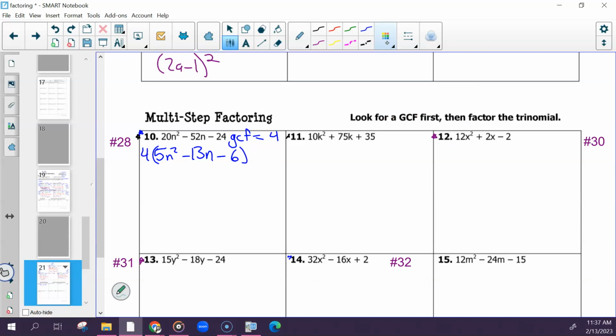Now we're going to do the same process and just keep dragging the 4 along. So multiply 5 times negative 6. Negative 30. So we're looking for 2 numbers that multiply to be negative 30, but add to be negative 13.